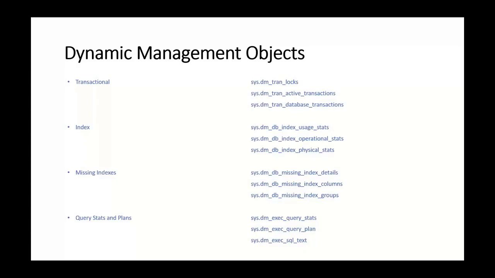With these dynamic management objects, we can understand what is going on within SQL Server, right? There are hundreds of DMVs and DMFs that we can access. Here in this slide, I just present a few of them, and they are grouped in different categories, right?